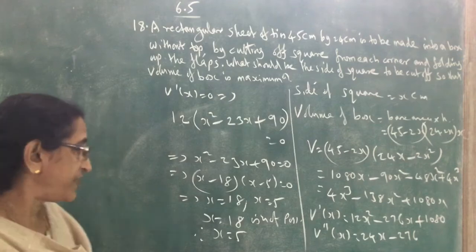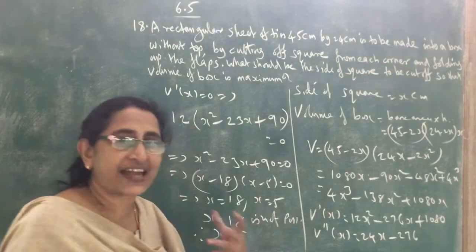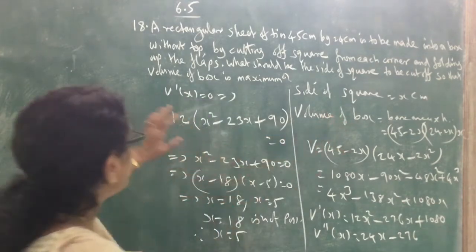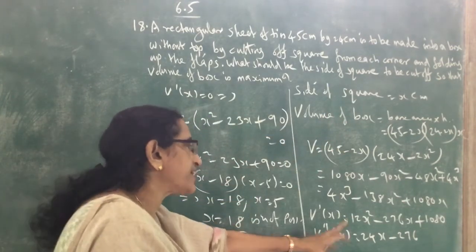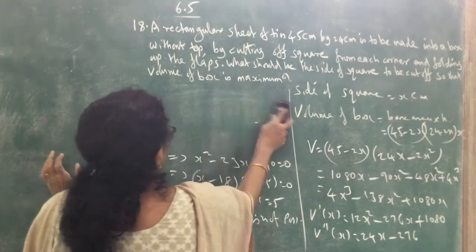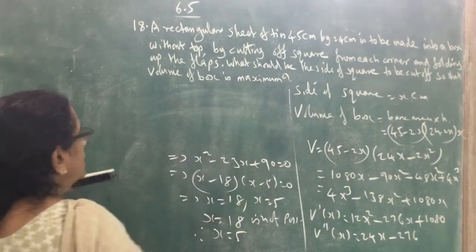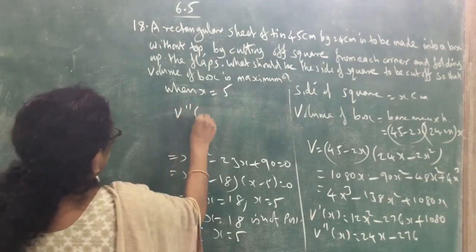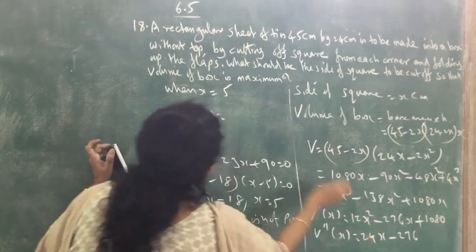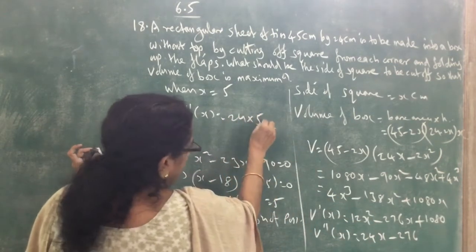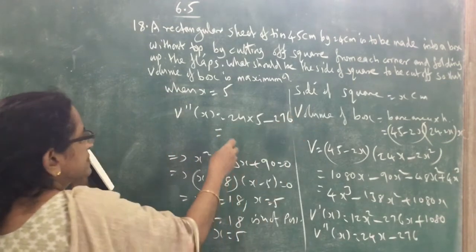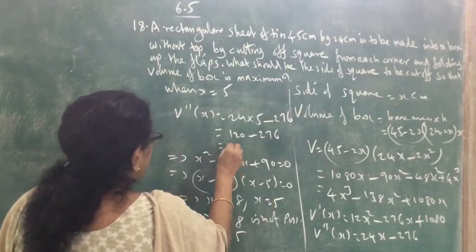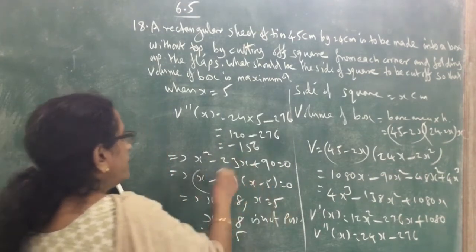Now we have to check, when x equal to 5, whether the second derivative is less than 0 or greater than 0, maximum or minimum. So we substitute this value in the second derivative. When x equal to 5, v double dash x equals 24 into 5 minus 276, that is 120 minus 276, equal to minus 156, which is less than 0.